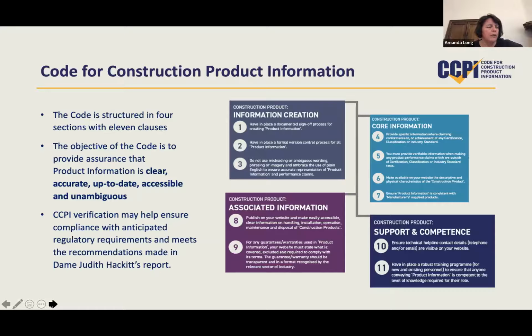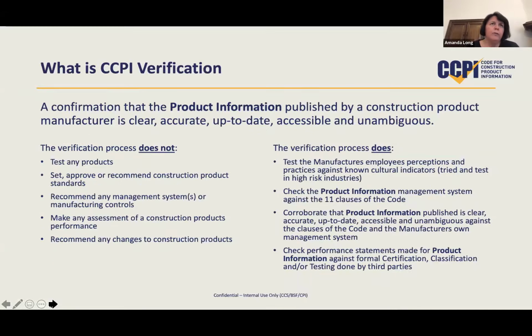I could see that if there is a need for that, that will potentially happen. But the starting place is Dame Judith Hackett's report and the serious concerns that were raised there. We wanted to make sure that robust verification is put behind this code.